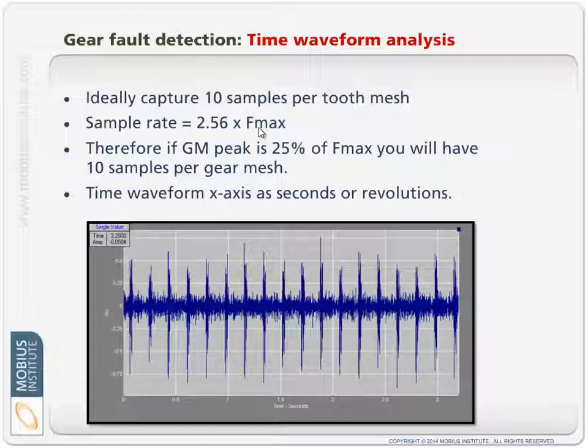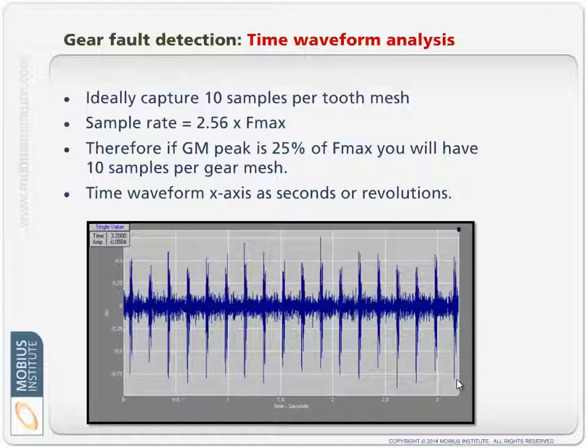Now, that means that if there was a peak in the spectrum right at the right-hand end of the spectrum, so this is the time waveform, I apologize. Imagine this is a spectrum, and we've got a peak right up here. And let's say that peak is the gear mesh frequency, so that relates to the gears meshing together. Well, if the peak was right here at the very end of my spectrum, that means that as the teeth mesh together, I'm getting 2.56 samples per tooth mesh.